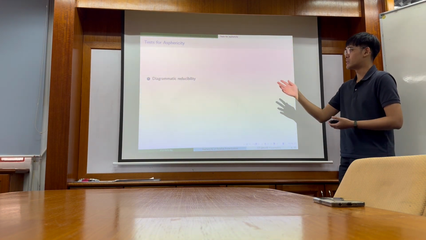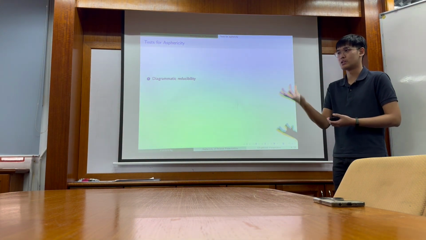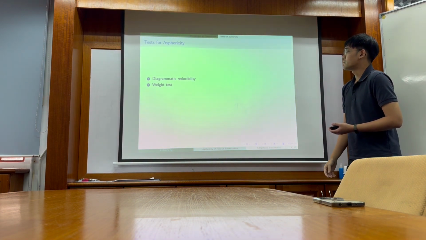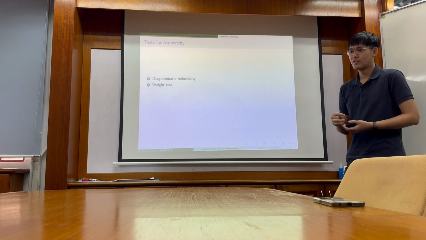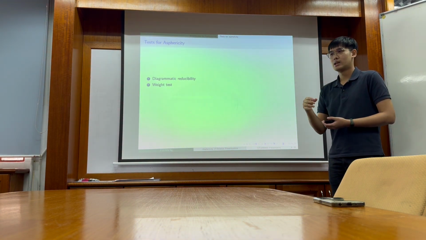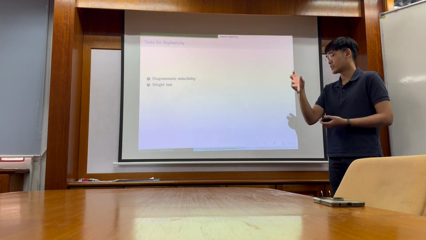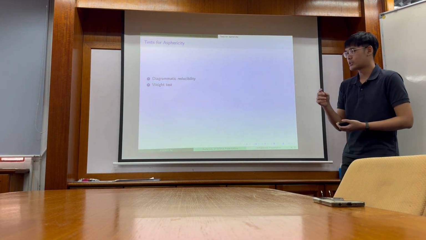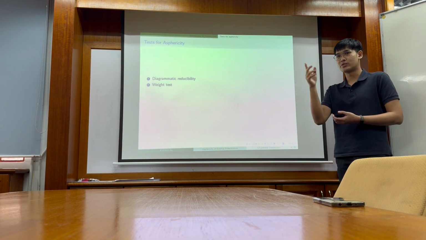We usually use this method to determine the asphericity of a relative presentation. The second method is the weight test, whereby we first draw out the star graph of a relative presentation, and then if we can assign a weight function on the edges of the star graph such that three conditions are satisfied, then the relative presentation is aspherical.